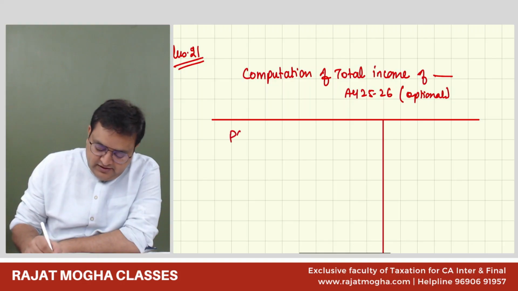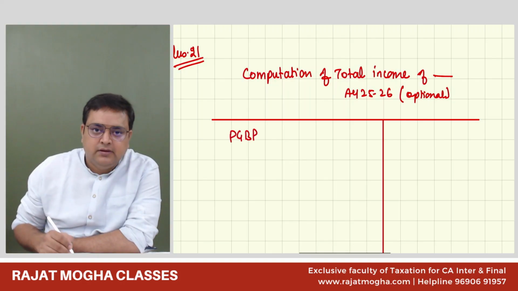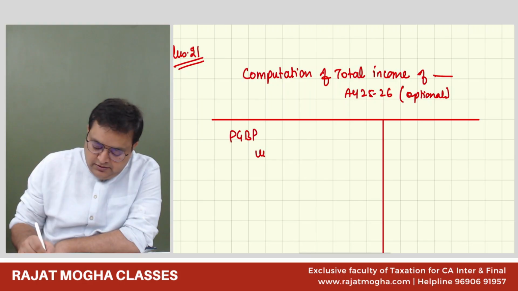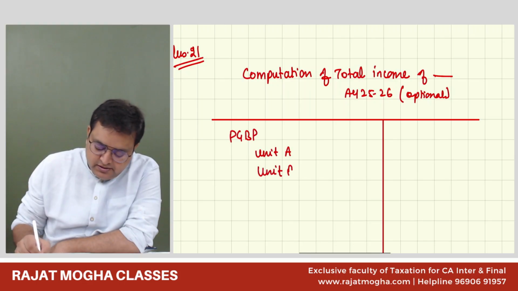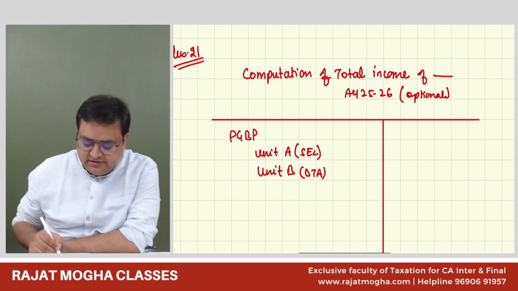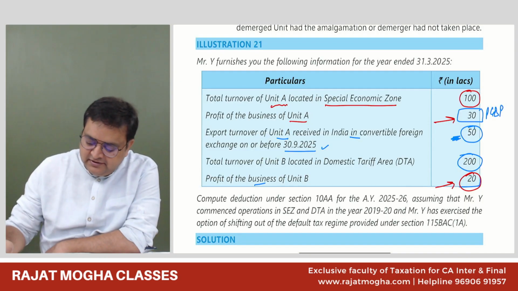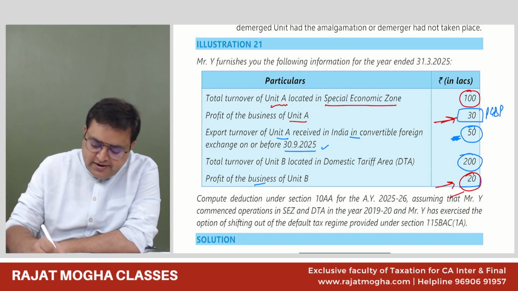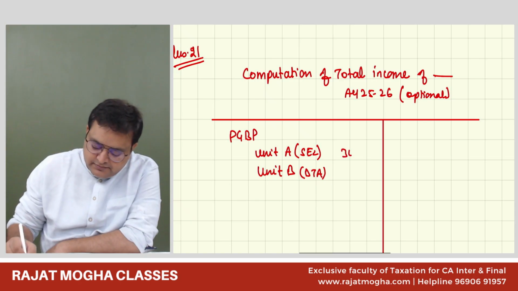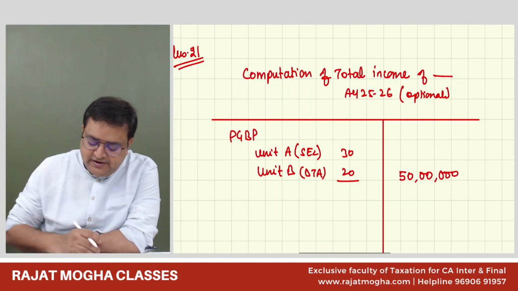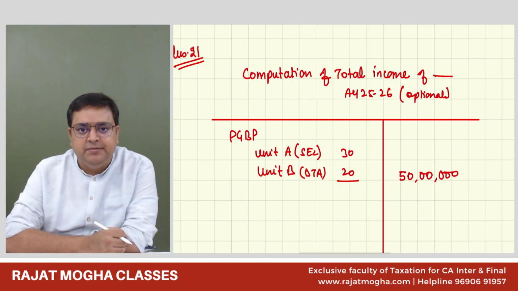So first of all is PGBP income. Unit A, how much has he earned? Unit A is SEZ and unit B is DTA, domestic tariff area. From unit A, this person has earned 30, and from unit B he has earned 20. So 50 lakh is his PGBP income.